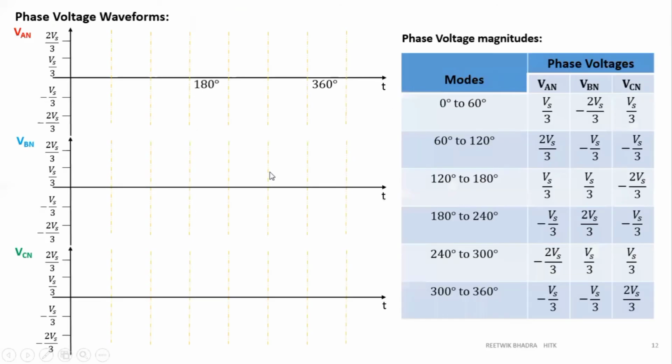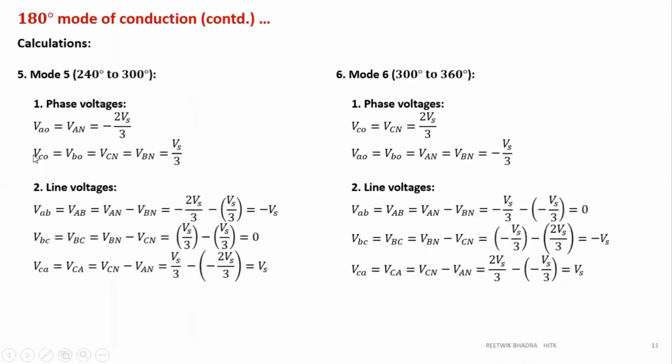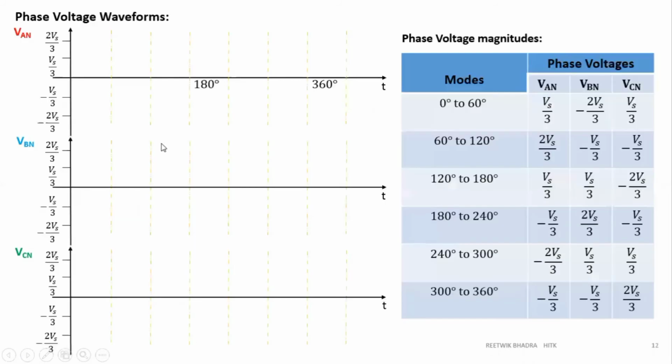And lastly, what we have to do is draw our phase voltage waveform. Now, how to draw your phase voltage waveform? For your reference, I have made a table over here of the magnitudes I have calculated, all the values, phase voltages and line voltages. All these calculated magnitudes are jotted down over here for you to draw it very easily.